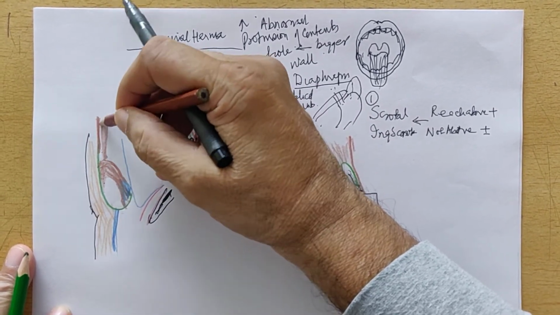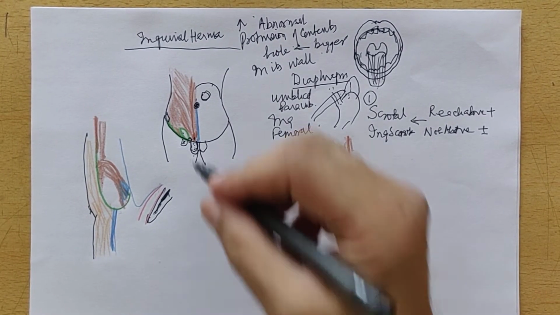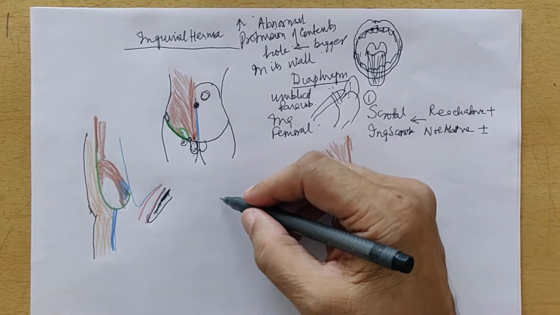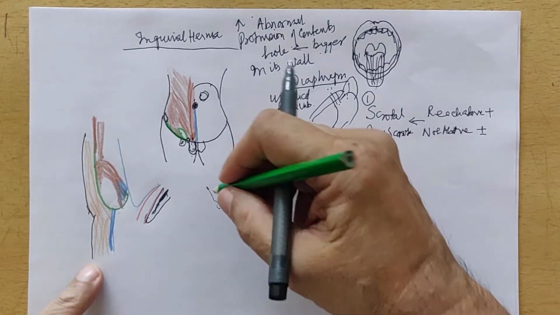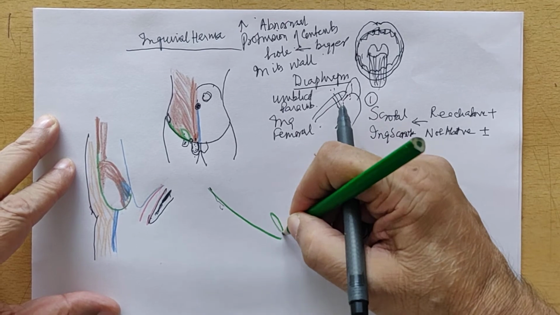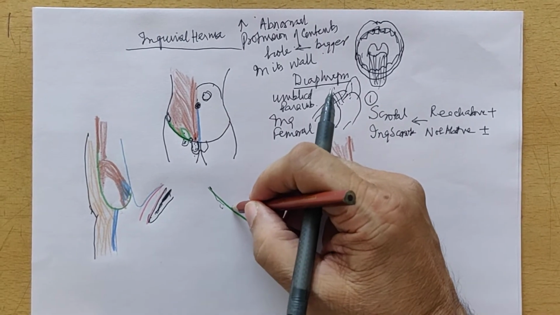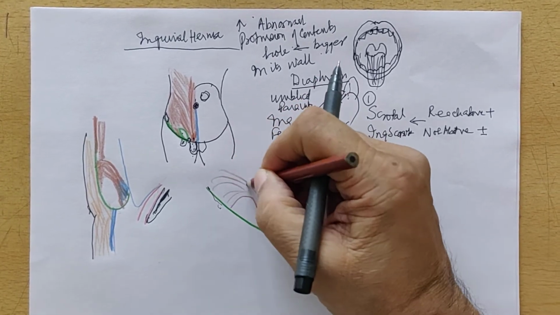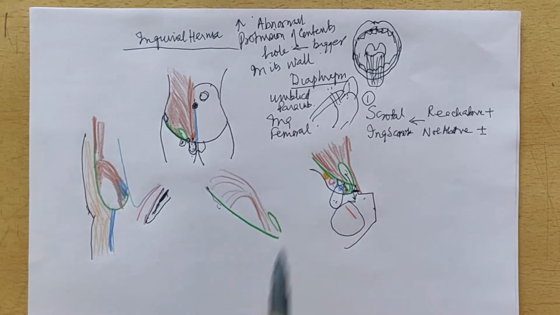Then the second thing that you are asked is, what are the contents of the inguinal canal? If we sort of make it again, this is the inguinal ligament, here is the superficial inguinal ring, and these muscles are placed like this, going behind the conjoint tendon.